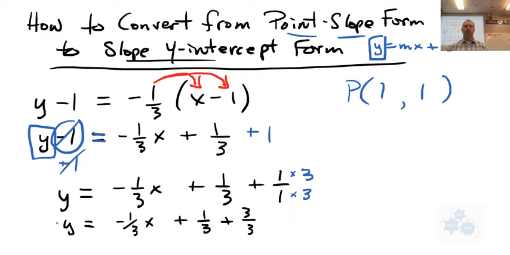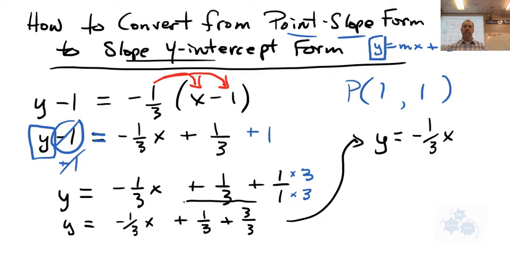So our final step should be fairly straightforward then. y equals negative 1/3 x. And then what do I get when I add these up? 4, you add the tops, over 3. Right, don't add the bottoms. That's like 1/3 plus 3/3 gives you 4/3. So that's why you don't change the bottom.